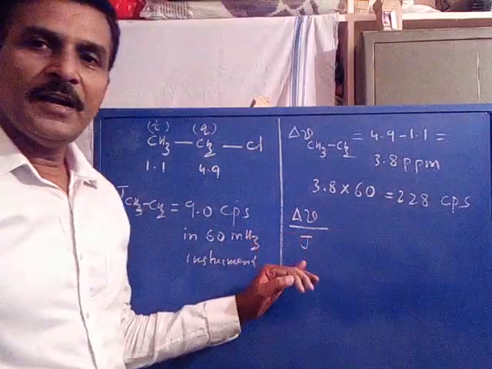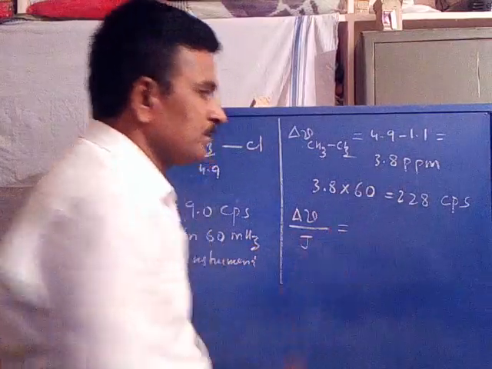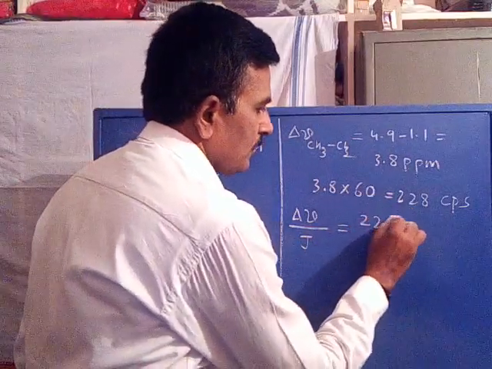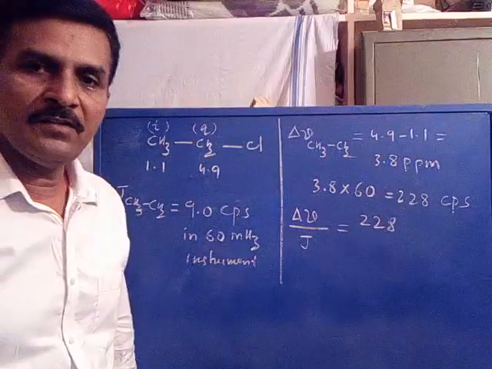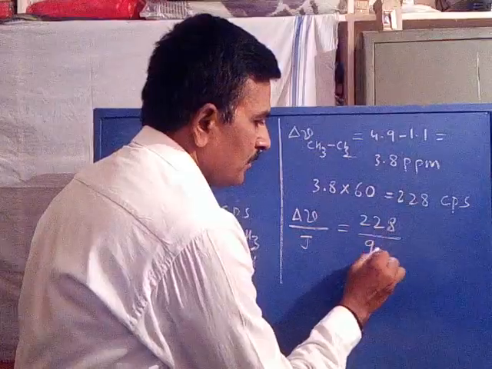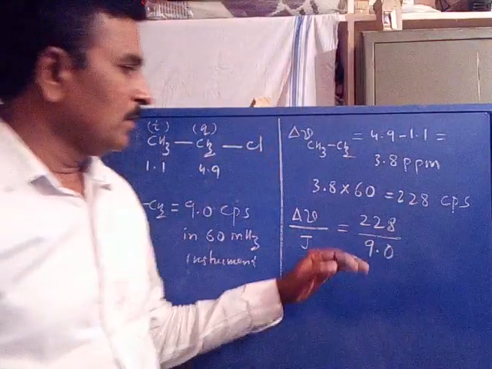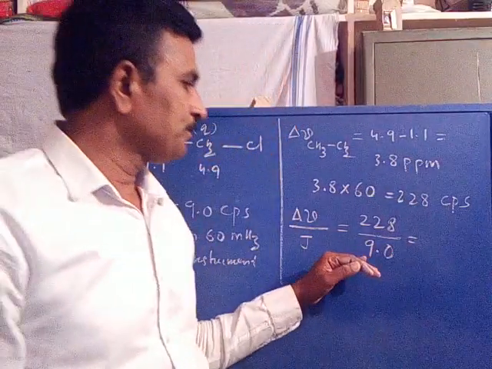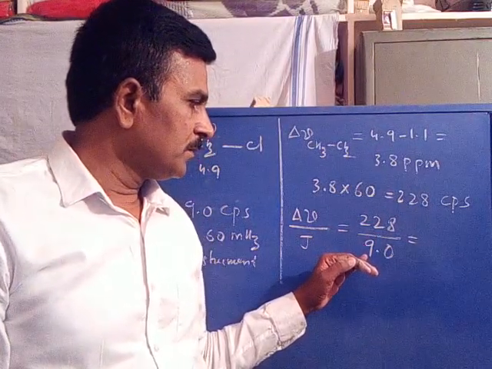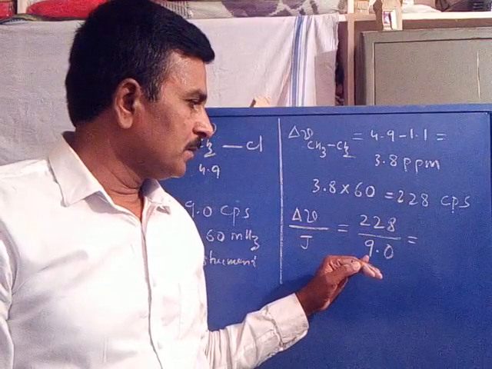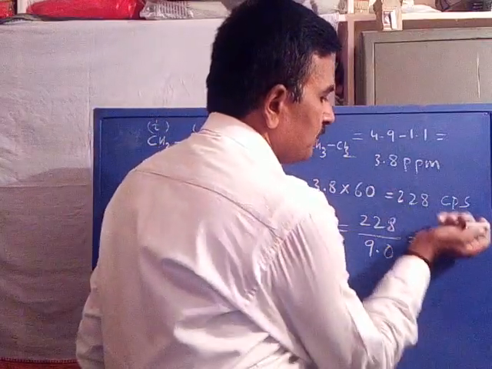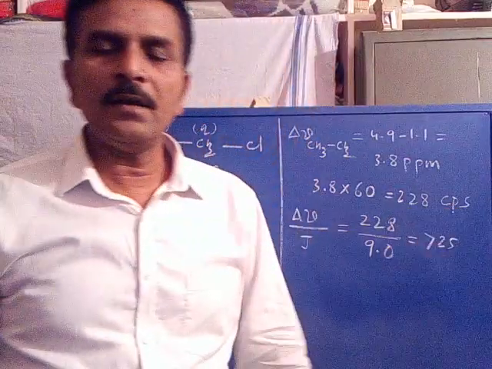Delta nu is 228 CPS, J value is given already as 9.0. It becomes equal to 48, which is greater than 25.